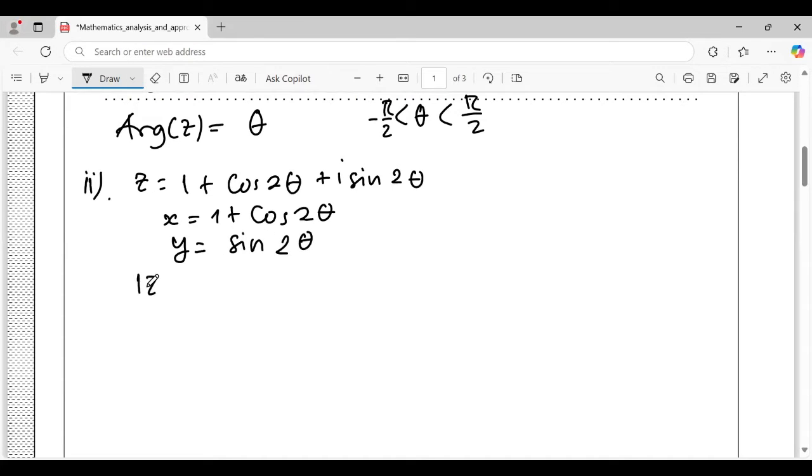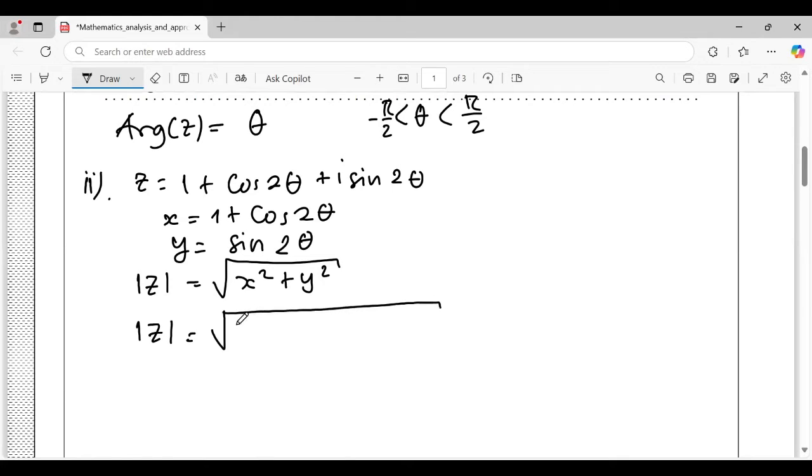So modulus z is the square root of x squared plus y squared. If we substitute these expressions, modulus will become the square root of 1 plus cosine 2 theta squared plus sine 2 theta squared.